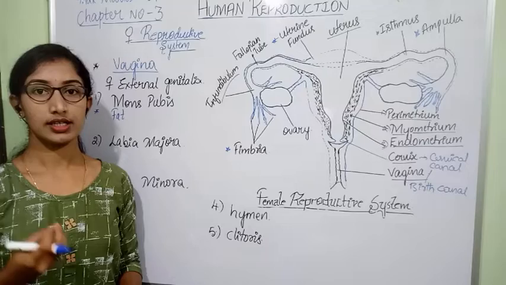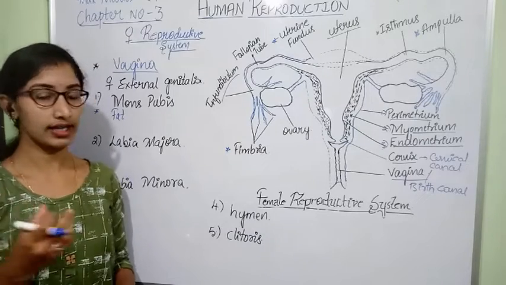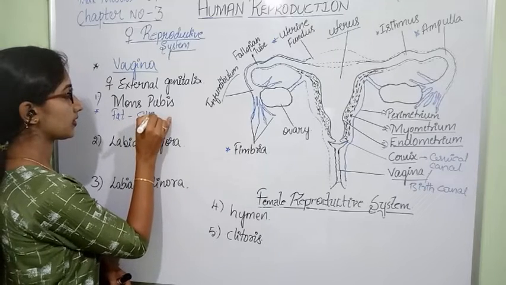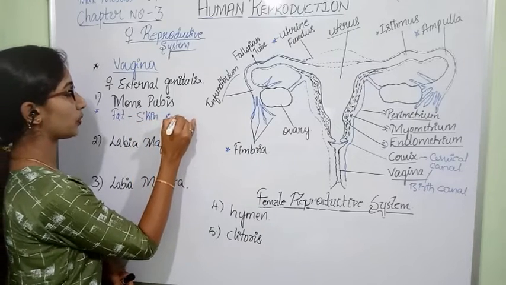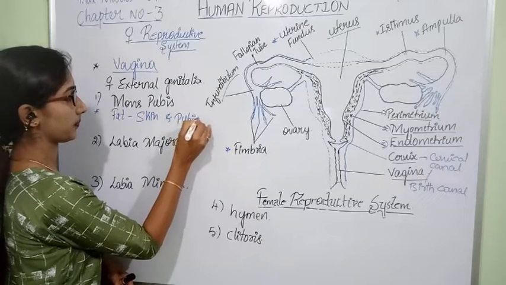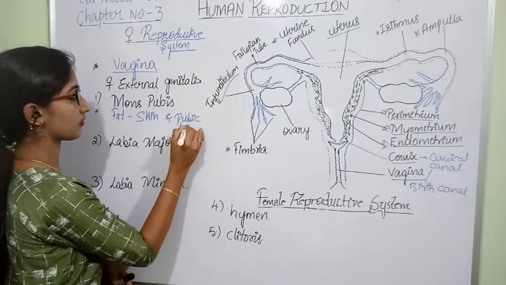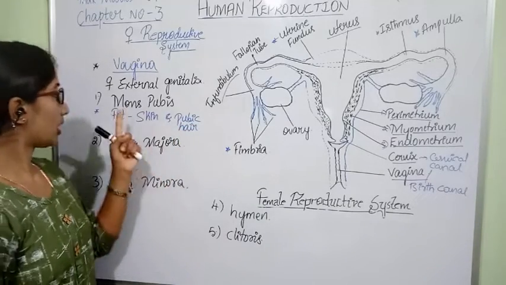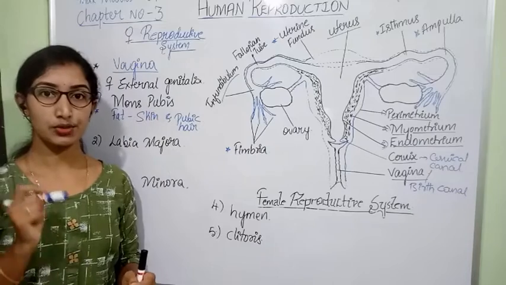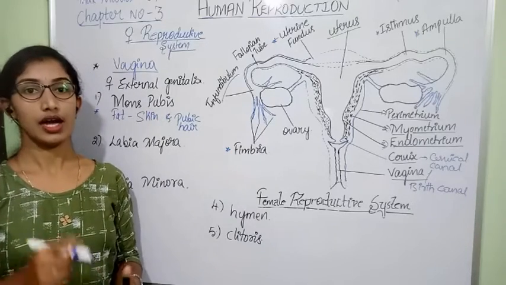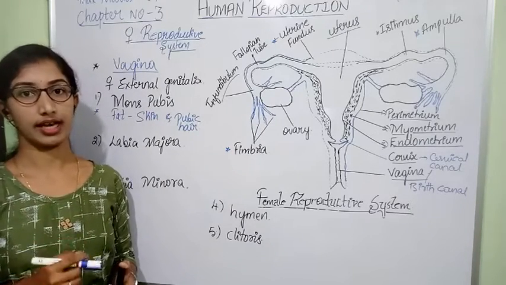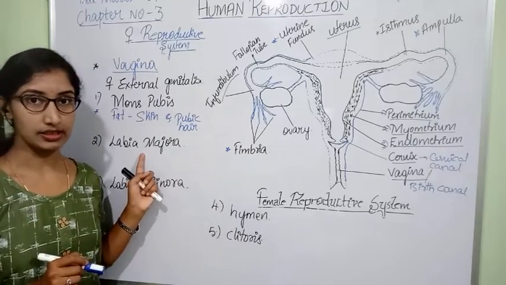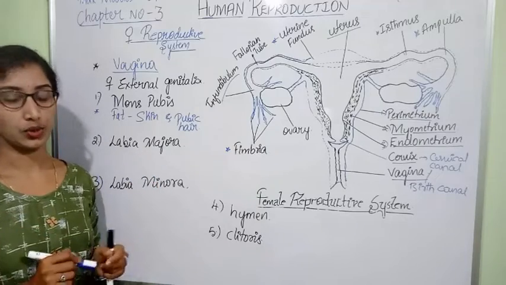Mons pubis has fat, and it is covered with skin and pubic hairs. Mons pubis is a cushion of fatty tissue that is covered by skin and pubic hairs.